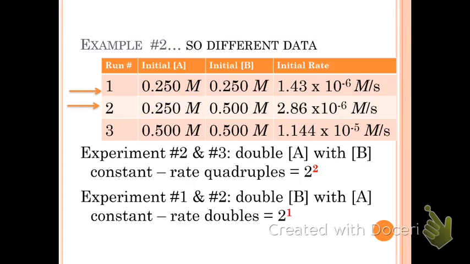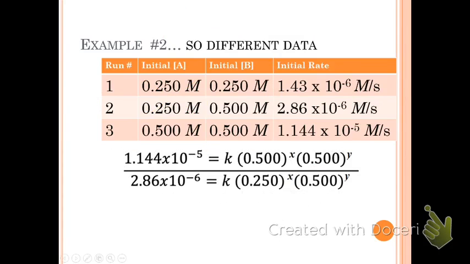Remember, we showed you a different way of doing it where you do the divisions. Well, in the division, looking for concentration A, we still use experiment 2 and experiment 3.